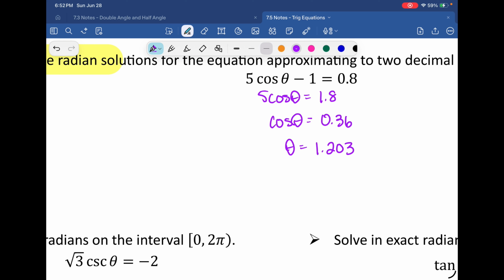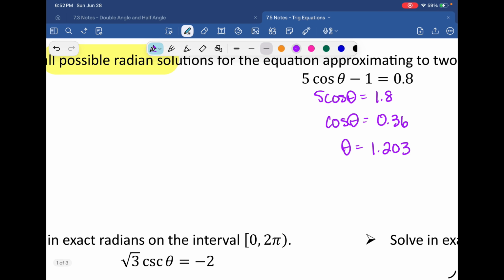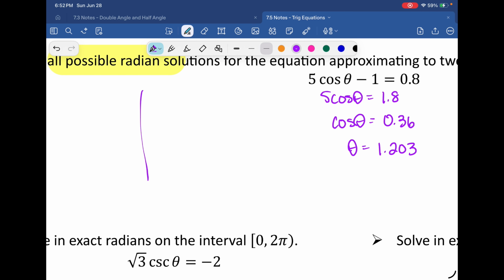The issue here is this gives me one angle. I know there are 2 places where cosine is positive. Cosine is positive in quadrant 1 and quadrant 4.